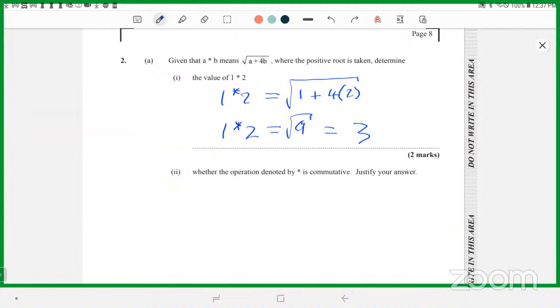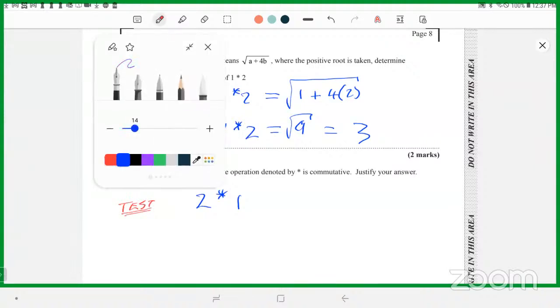Because the question said justify your answer, I'm going to reverse them and calculate 2 star 1, to see if it comes back to be the same value.